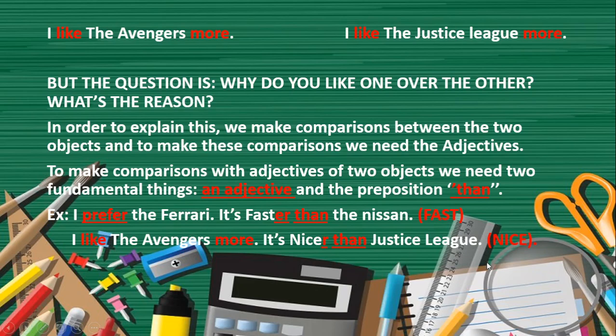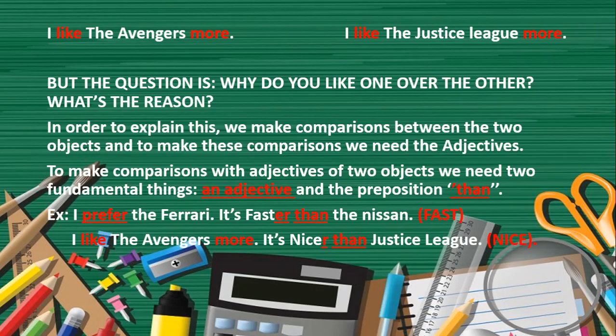Here I'm using the adjective nice, right? But what happens? Nice at the end has R. And I will be explaining that in a moment, right? And then after the adjective, I have than. Remember that I told you that the preposition than is essential, is mandatory when we are making comparisons between two objects.